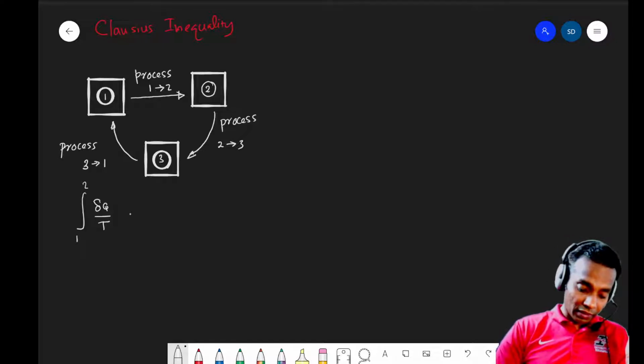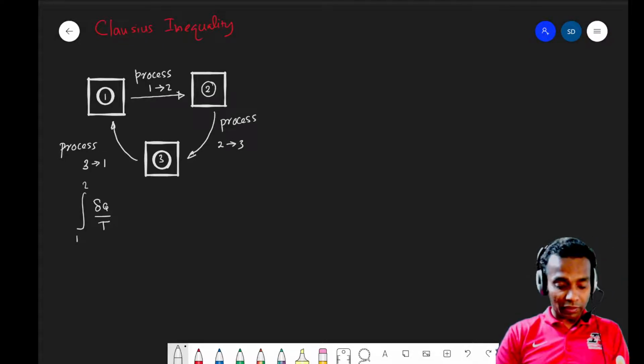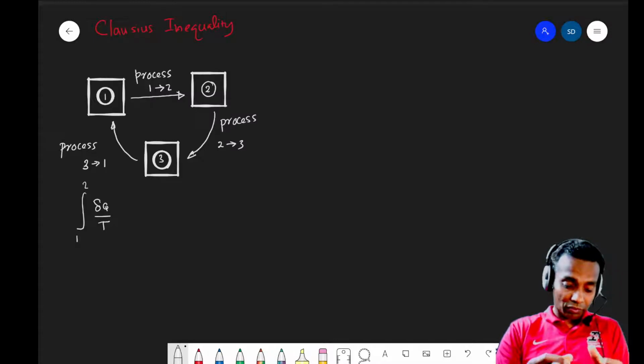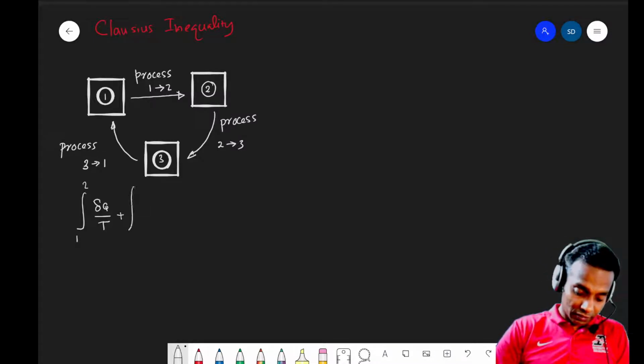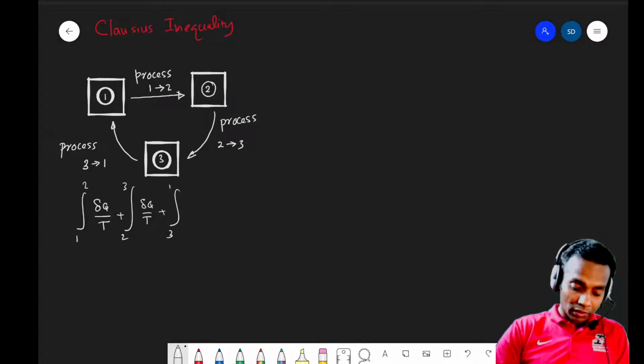And we can find the same quantity during the process 2 to 3 and 3 to 1 and add up: integral 2 to 3 of delta Q over T plus integral 3 to 1 of delta Q over T.